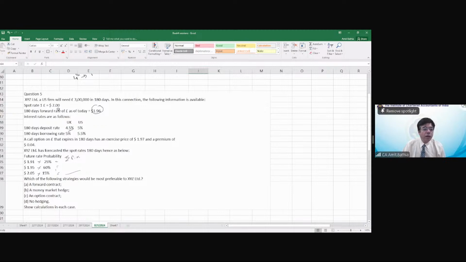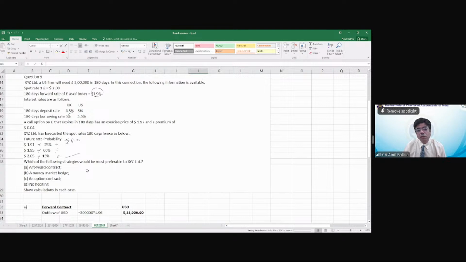Because this firm has an expected outflow, they would need 300,000 pounds at the end of 180 days. So we identified the option with the least amount of cash outflow. Had he been an exporter expecting an inflow, we would have tried to maximize the inflow.